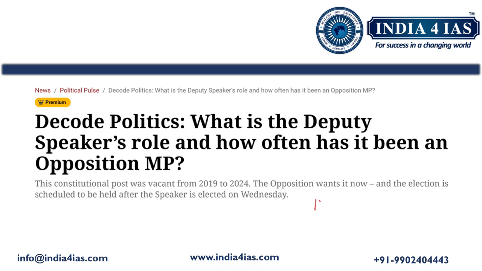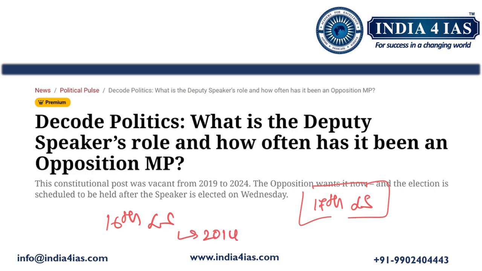In the last Lok Sabha, that is the 17th Lok Sabha, the deputy speaker position was vacant. In the 16th Lok Sabha, that is the term between 2014 and 2019, the deputy speaker post was held by an MP from AIADMK. The AIADMK party was an ally of BJP.